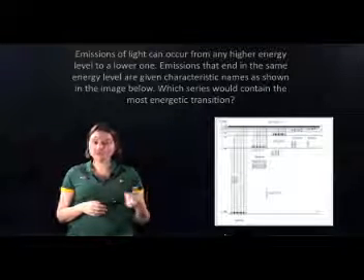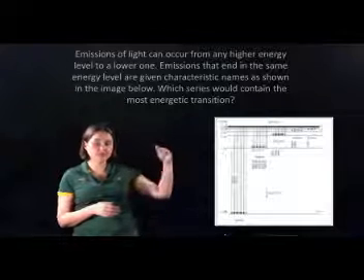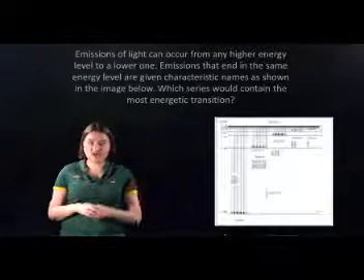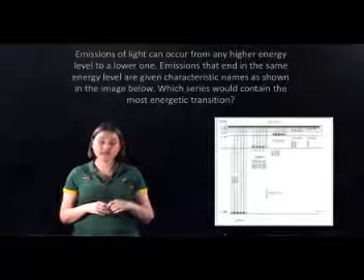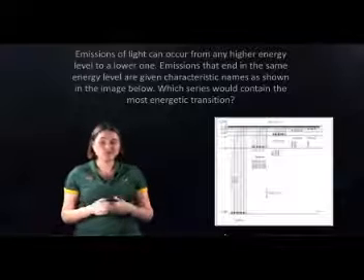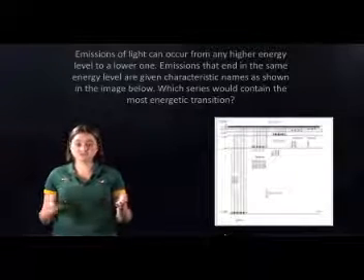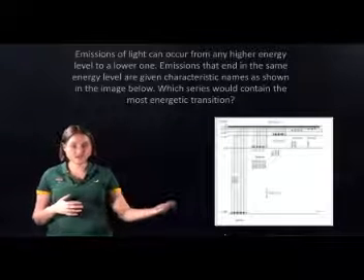So to determine which series that is, just look under there. The names of them are written under each of the individual series. So the Lyman series is the only one that contains any transitions between the second energy level and the first one. So it's the only one that's going to have the most energetic transitions.